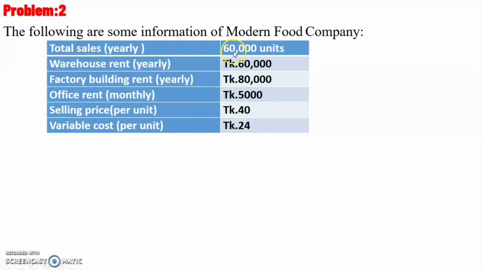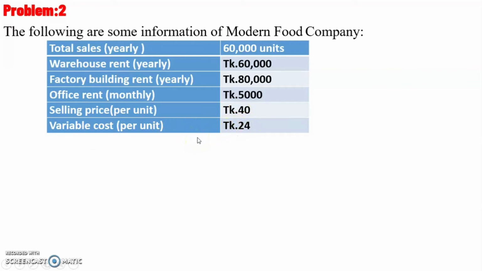Sales yearly 60,000 units, warehouse rent yearly taka 60,000, factory building rent yearly taka 80,000, office rent monthly taka 5,000, selling price per unit taka 40, variable cost per unit taka 24.